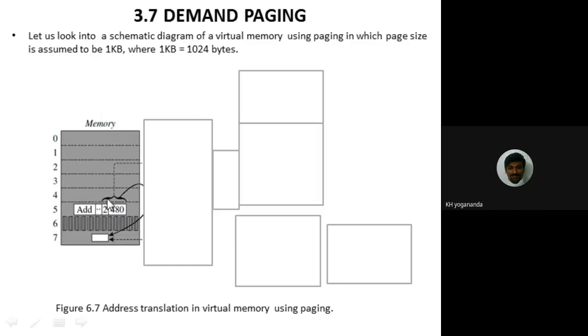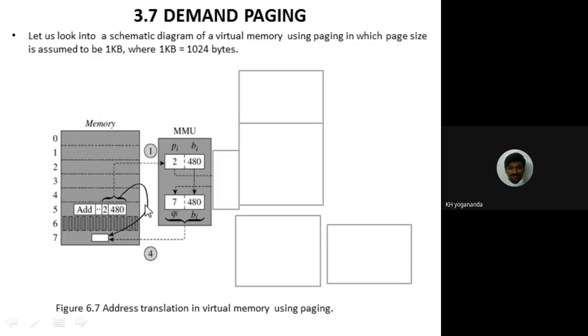Add means address. 2 is pi and 480 is bi, so the page is 2 and b is 480. This information will be collected by the MMU for address translation. So the MMU reads 2 as pi and 480 as bi.